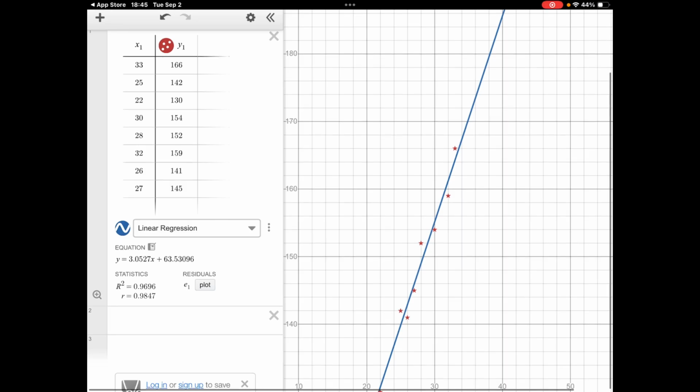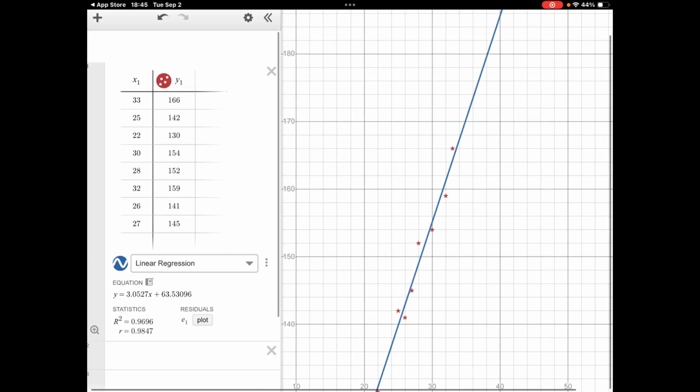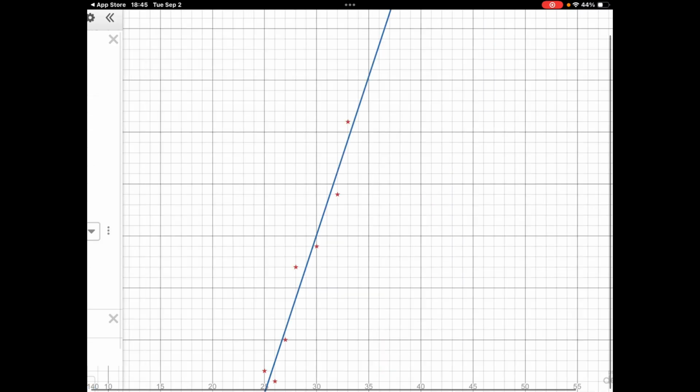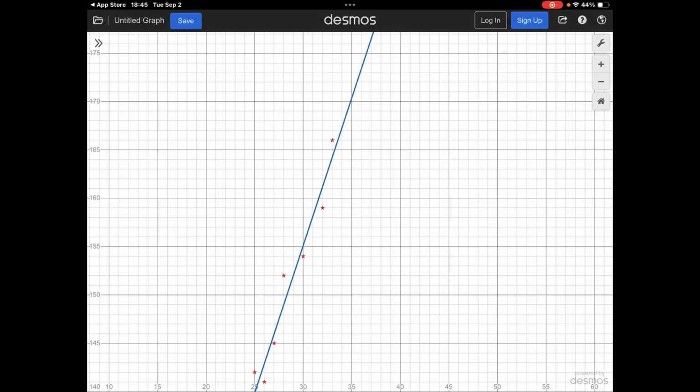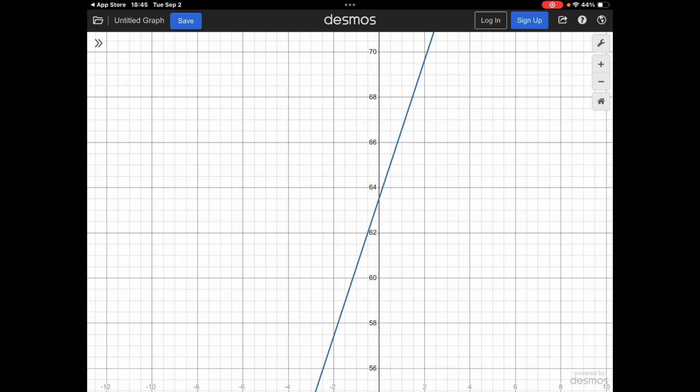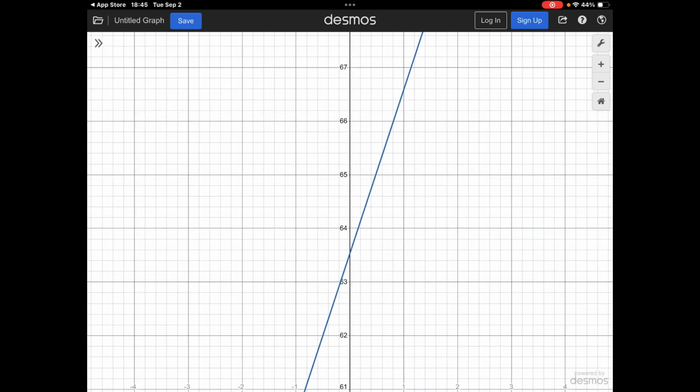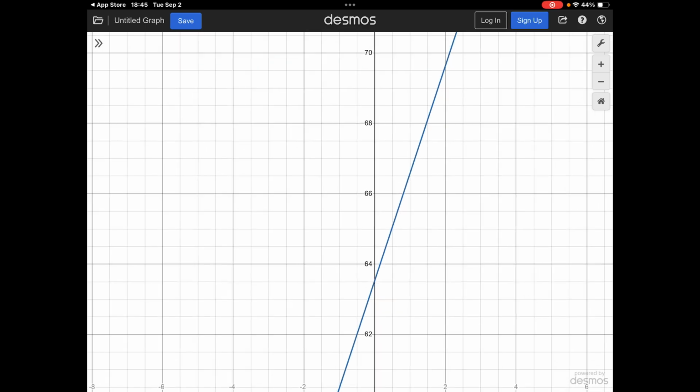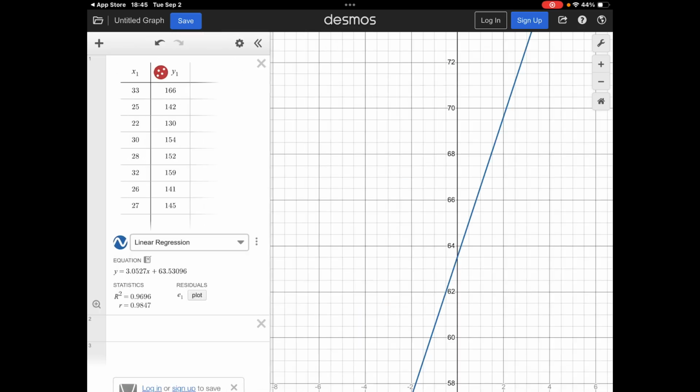So if I were to look down here, my y-intercept is around 63 with change. Now, this is getting into statistics, fun fact.